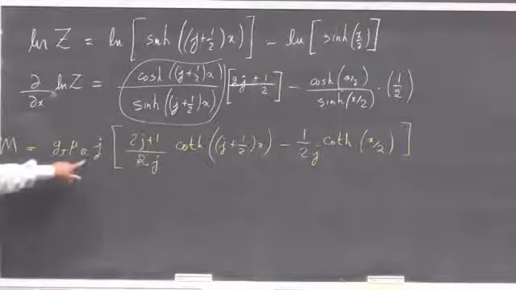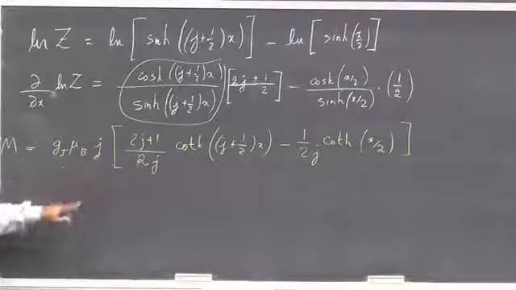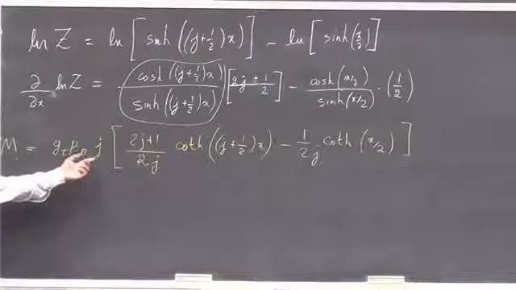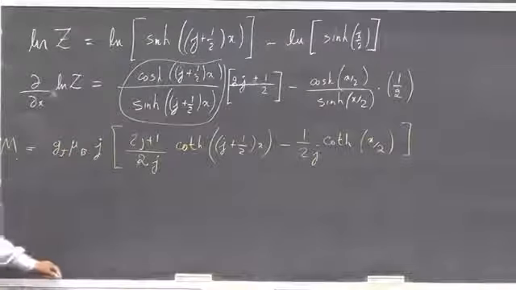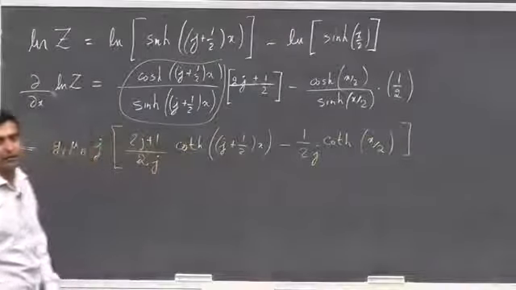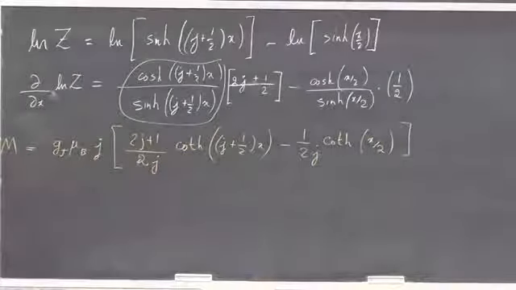Now, why have I placed a j here? Just an algebraic manipulation, but what's the need for placing a j here? I would like to relate the magnetization to its maximum value, the saturation value. What's the saturation value of the moment when all the moments are aligned?